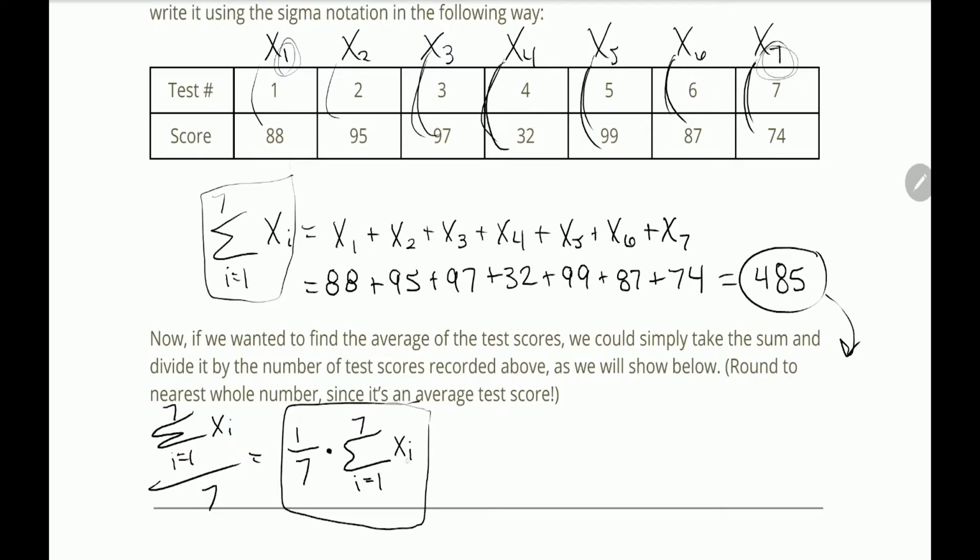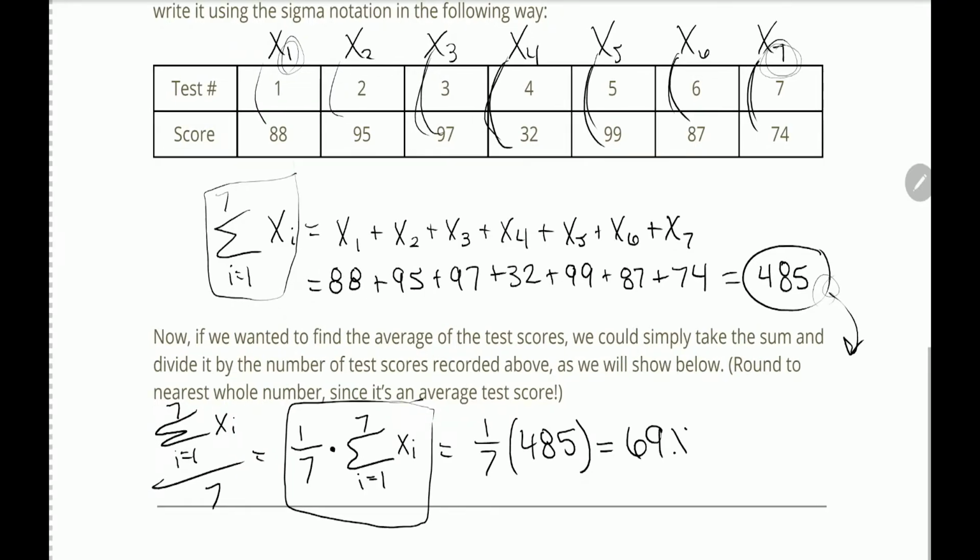That's just the average. That's saying we're adding every value from 1 to 7, all 7 values, and then we're dividing by 7 because we're dividing by the number of scores that we have. So if we take 1 divided by 7 and multiply it times the summation, which we set up here was equal to 485, and then take this 485 and divide it by 7, I'm going to round it to the nearest whole number since it is a score, and it gives us about 69% as an average.